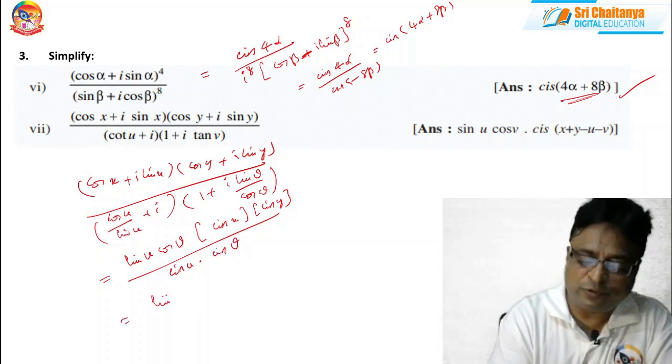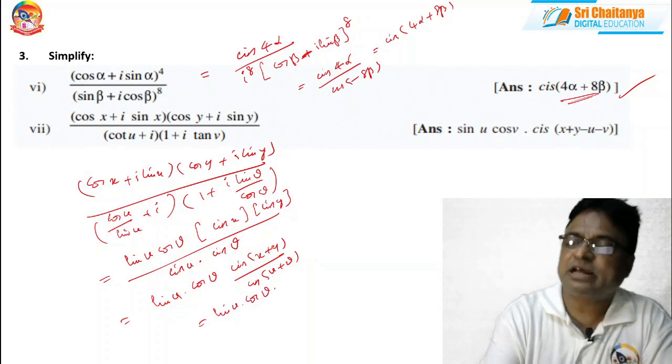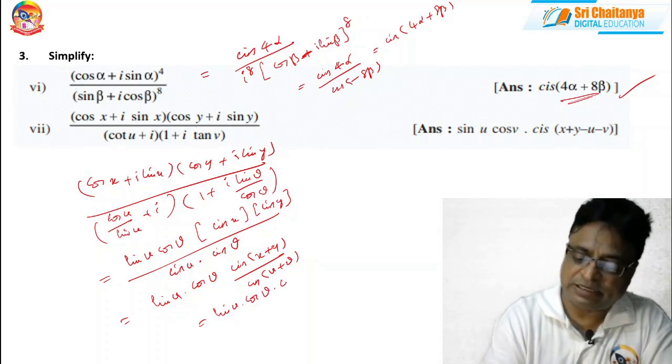So sin u into cos v, and cis of x plus y in the numerator, by cis of u plus v in the denominator. Cis alpha by cis beta is cis alpha minus beta, so cis of x plus y minus u minus v.